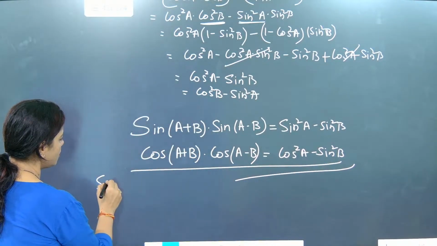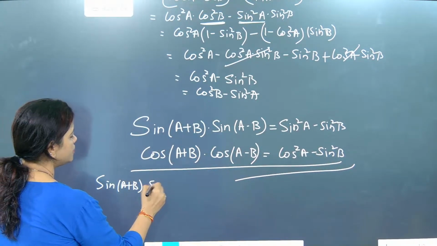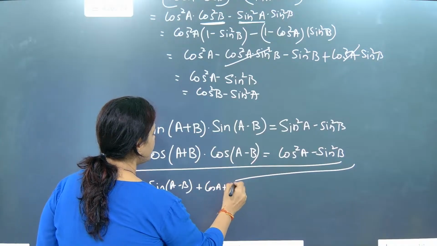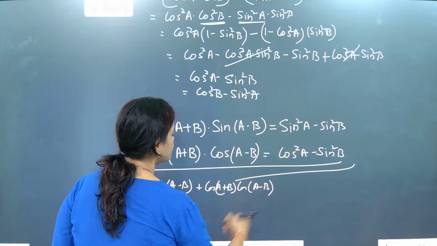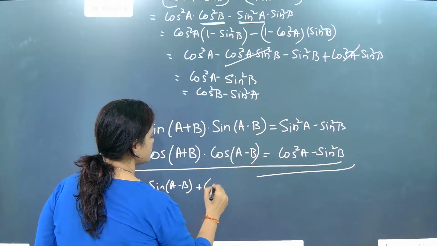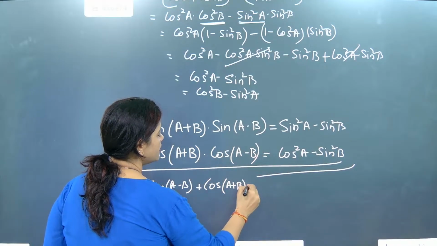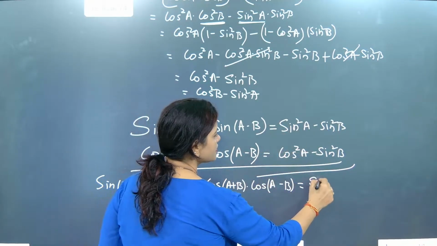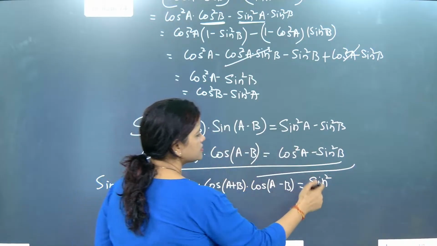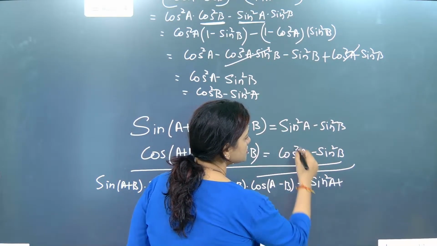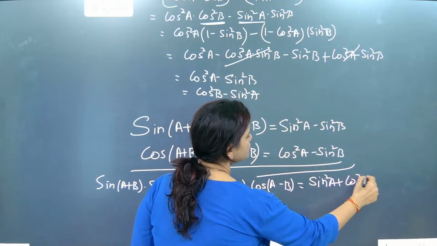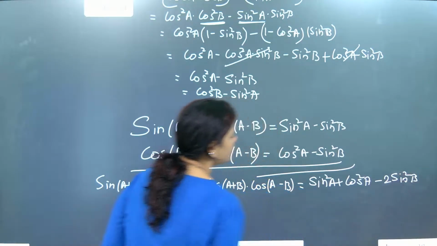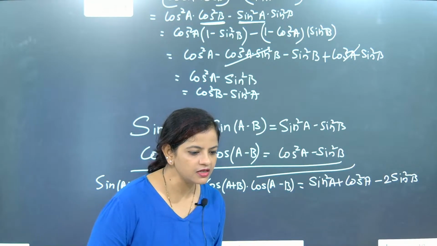Here it will become sine of A plus B into sine of A minus B plus cos of A plus B into cos of A minus B, and beta, since you are adding them, it will become sine square A plus I am adding cos square A, and then here coming as minus 2 sine square B. But one thing remember, both the angles are exactly the same.